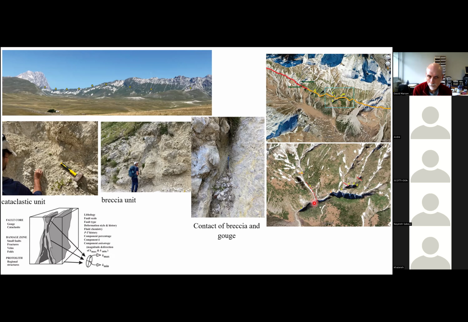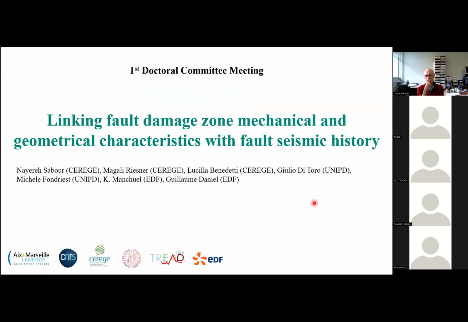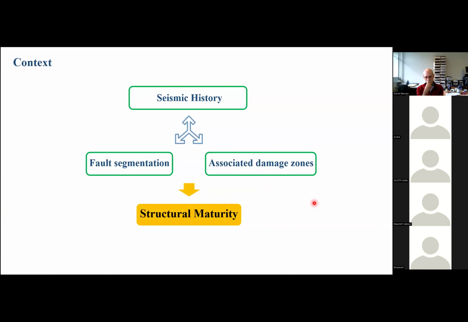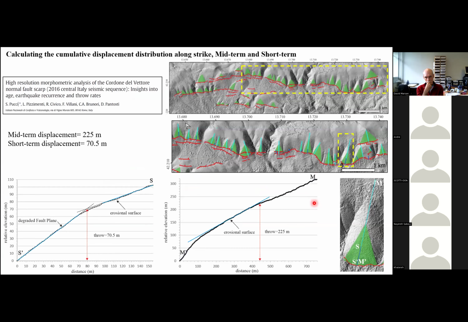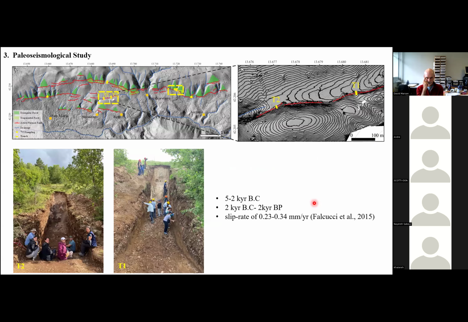seismic history. And right now, as I showed you in the first slides, here, as I said, I need 3 parameters to figure out the linkage between segmentation, fault damage zone, and seismic history.